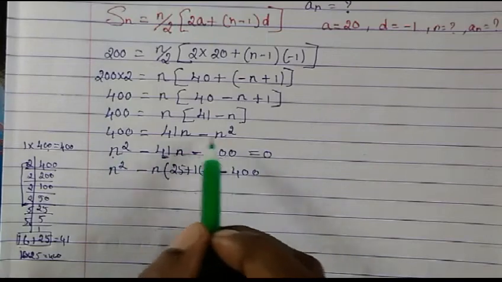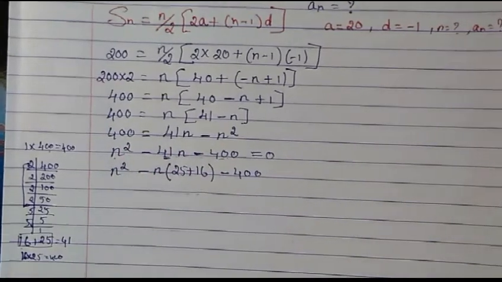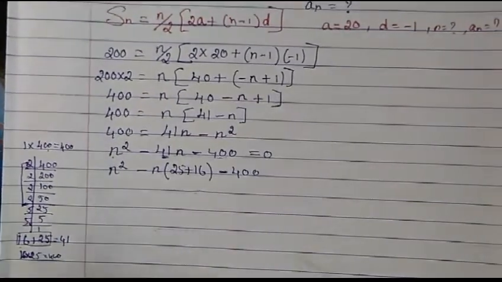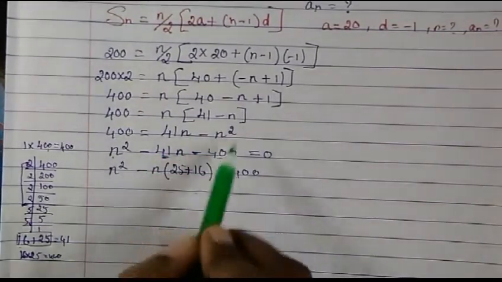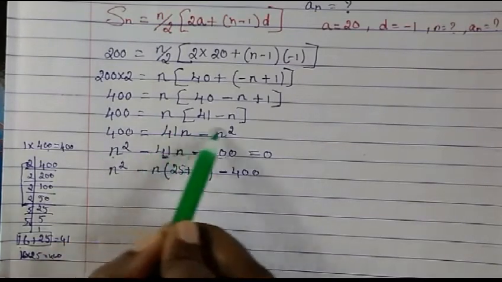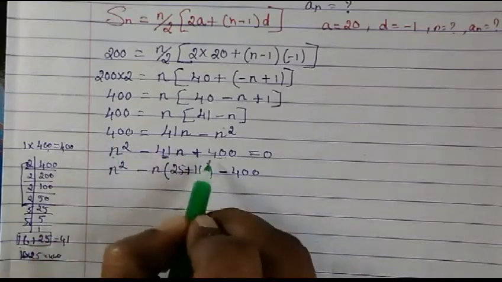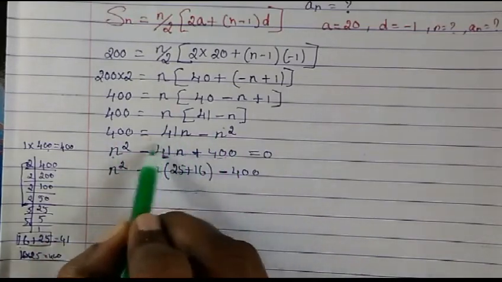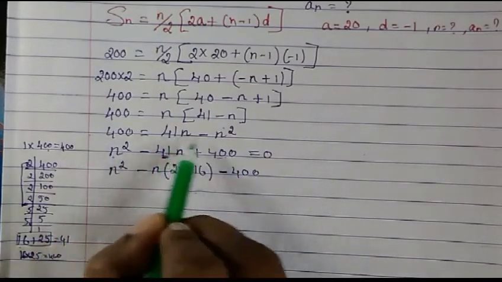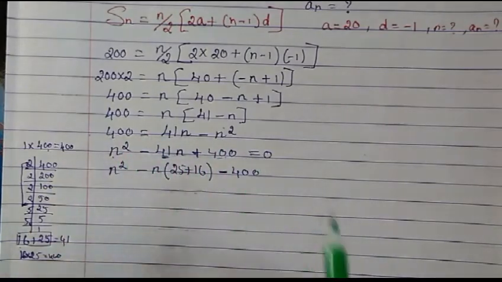Then we bring this minus 400. Here there is some mistake. See, the whole thing we are bringing to this side, so this is not changed. The whole thing has shifted to this side, so the sign changes, but this remains the same. Then equal to, we have put 0, so this remains 400.